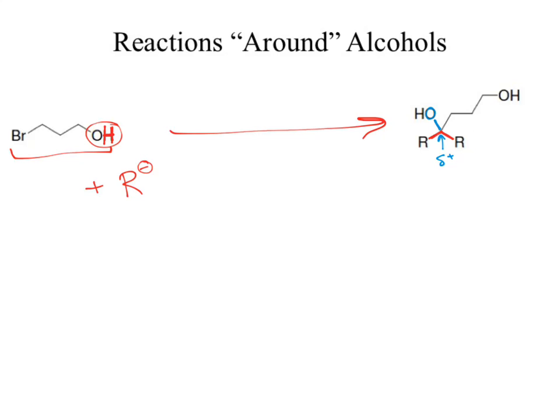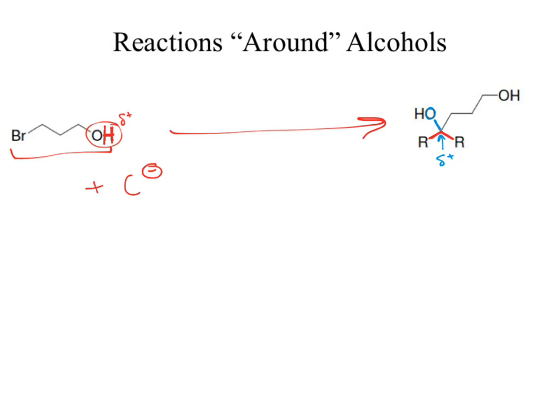Partially positive. Which means if I try and bring in a Grignard reagent, a carbon negative, that negative is going to react with the most positive thing present. Hydrogens are extremely accessible and very easy to pull off when they're bound to an electronegative element. So if we've got that extra alcohol floating around in our structure, we're going to end up neutralizing our Grignard reagent. We don't get a reaction to occur.